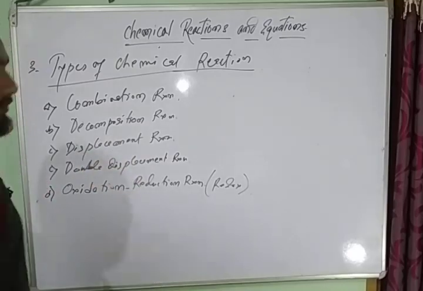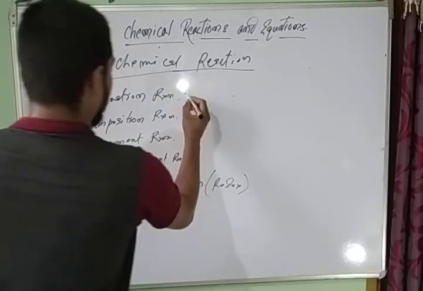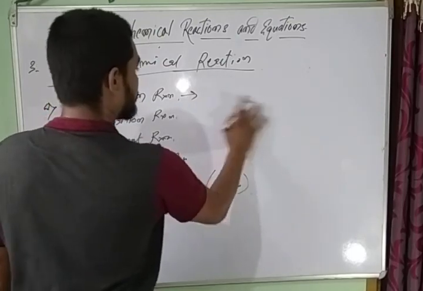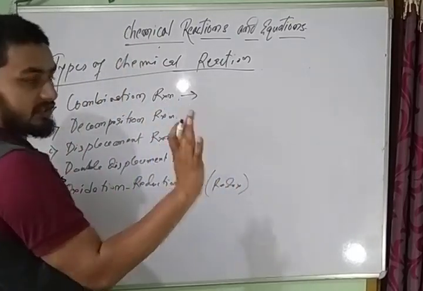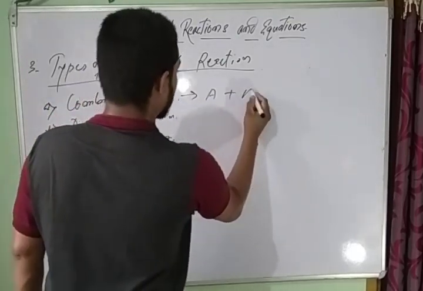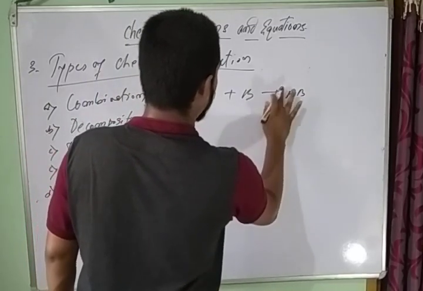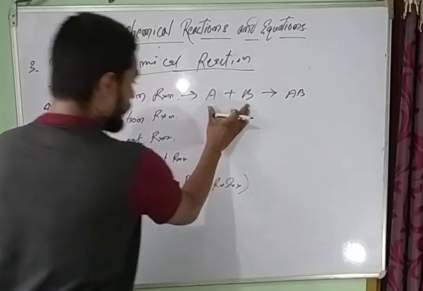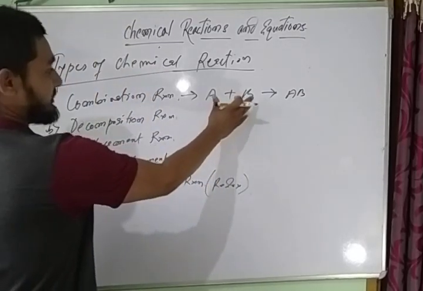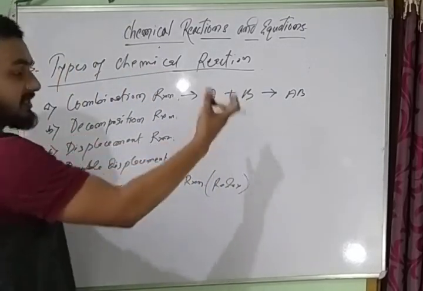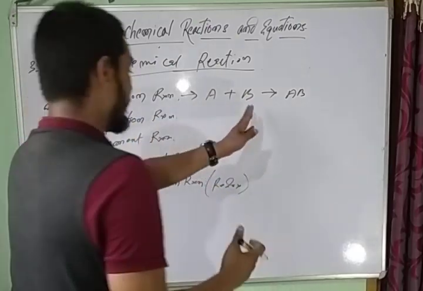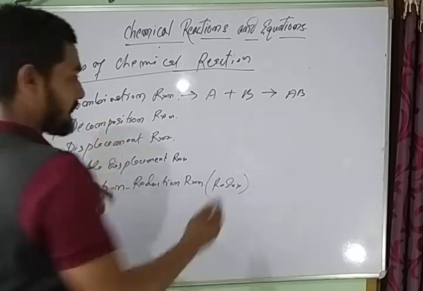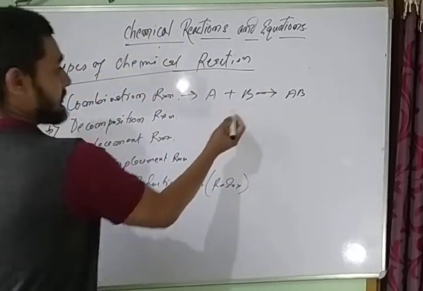So in a simple way, if we explain combination reaction, the structure of a combination reaction will be like this: A plus B produces AB. That means when two reactants combine together, the chemical substances which change, that is the substances on the left hand side of the arrow, are called reactants.